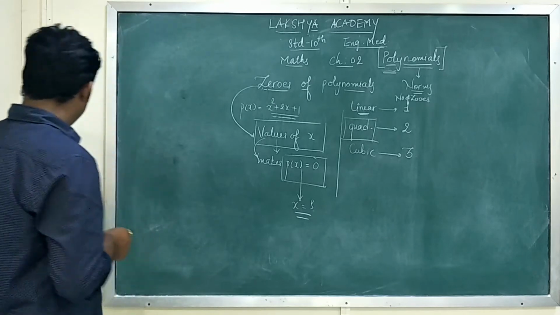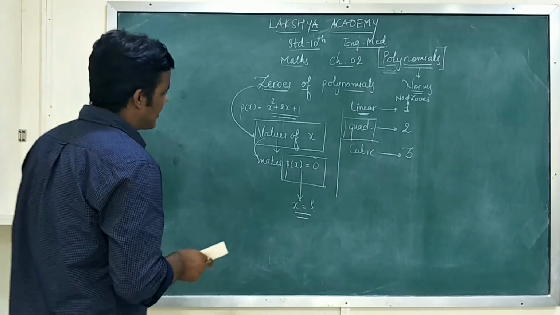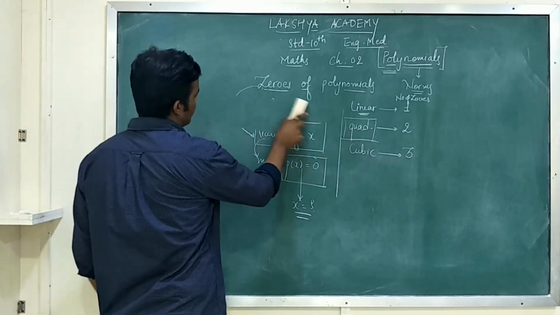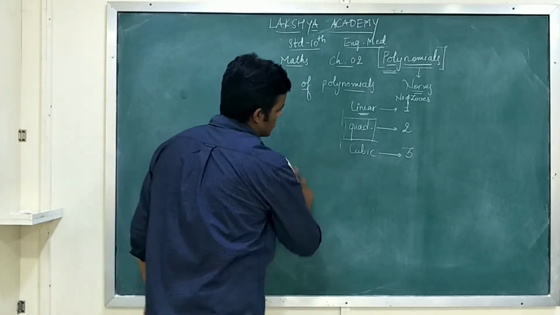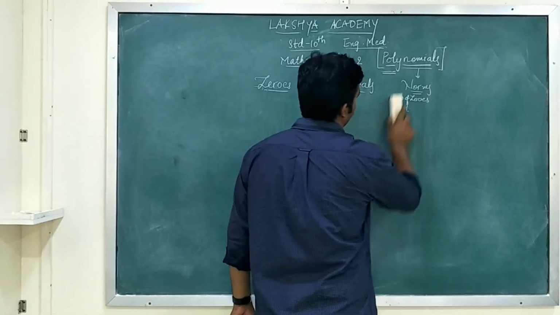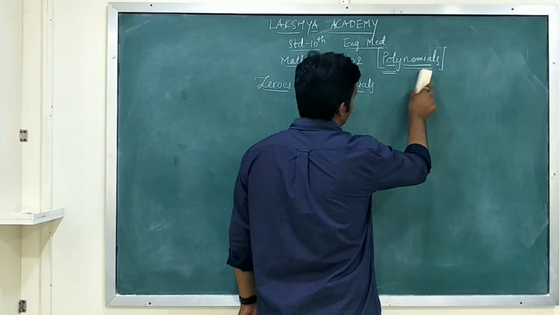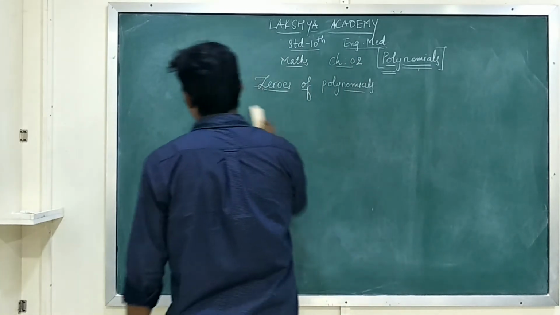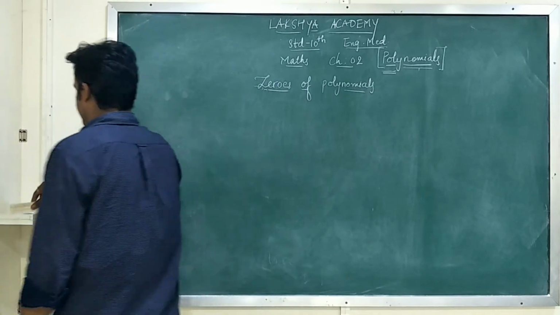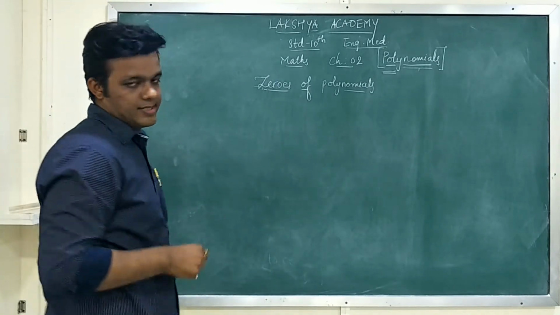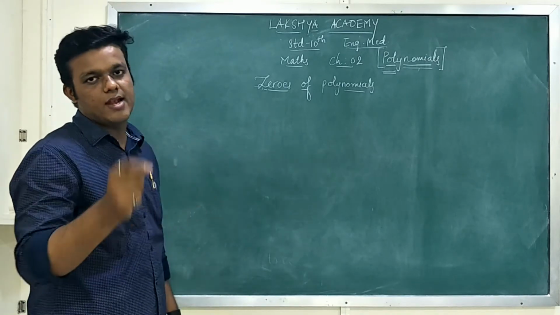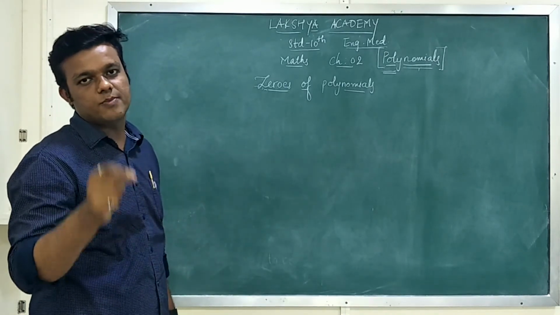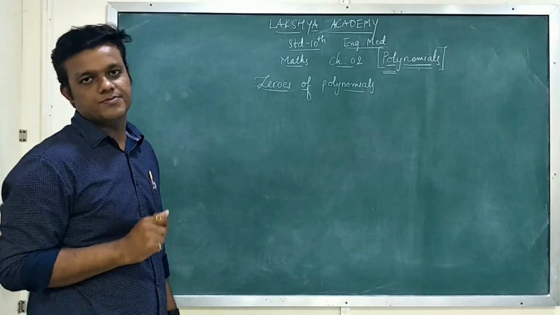Right? Now, what is the graphical meaning or graphical interpretation of the zeros for any polynomial? What is the geometrical or graphical interpretation? As we discussed earlier, zeros are the values of x for which the polynomial becomes 0.